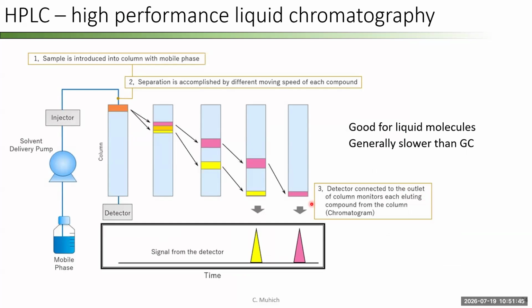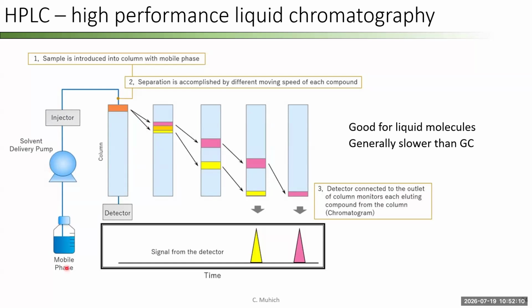This is going to be very similar to gas chromatography, but instead of having the sample flow through as a gas phase, it's going to flow through in the liquid phase. And our carrier is also going to be a liquid.